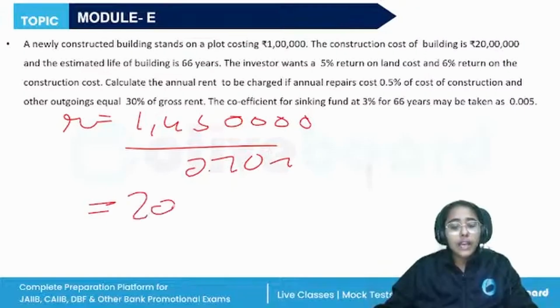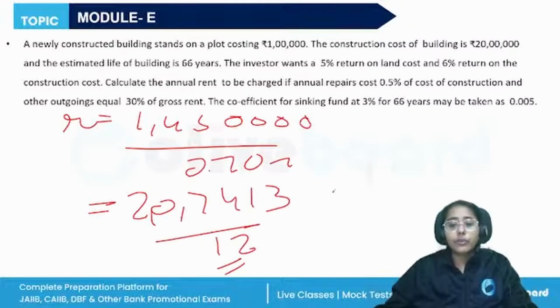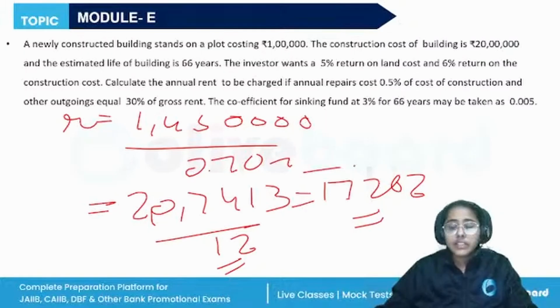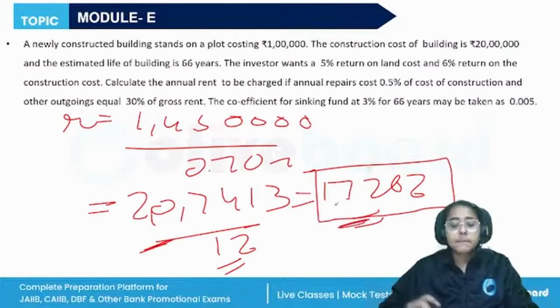So 2 lakh 7,143 divided by 12, approximately we will get rupees 17,262. So this will be our annual rent and the monthly rent.